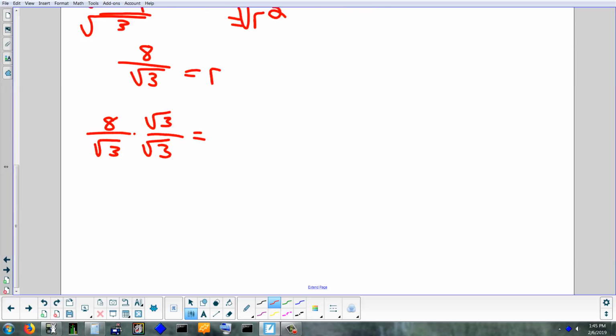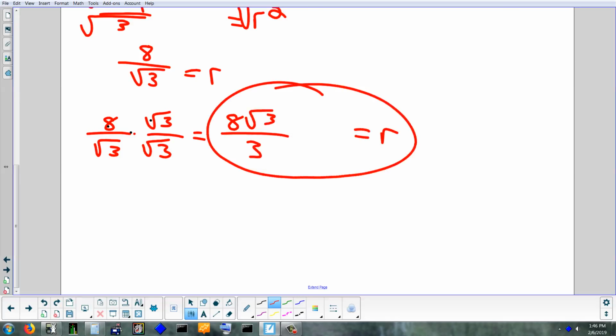So at this point, we've done the part that I've taught you. Now we're just doing a little arithmetic to clean up the square root in the bottom. In the top, it's 8 times the square root of 3. What does the bottom become? 3. Square root of 3 times square root of 3 is square root of 9, which is 3. And that is my radius.